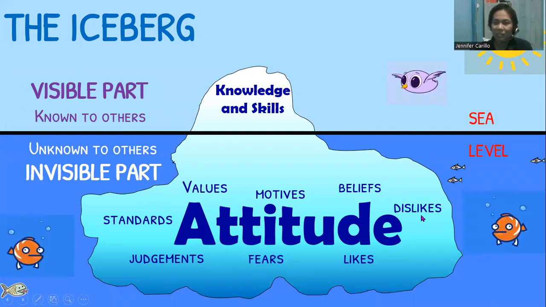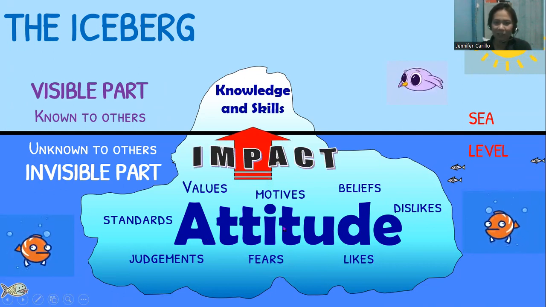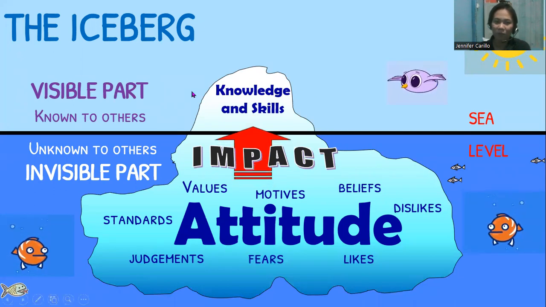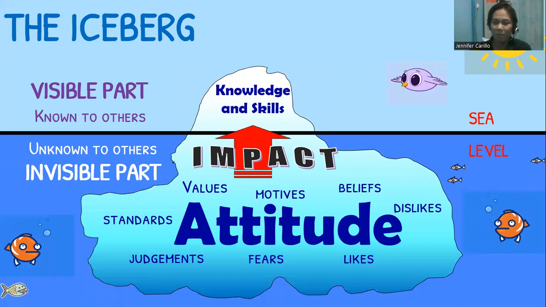These are the things that we don't commonly show to others. But it has an impact on how we acquire knowledge and skills. So this is true with learning. Attitude matters in learning development.